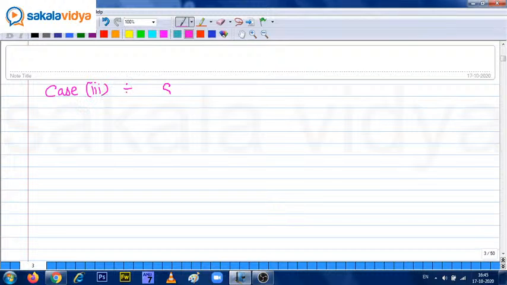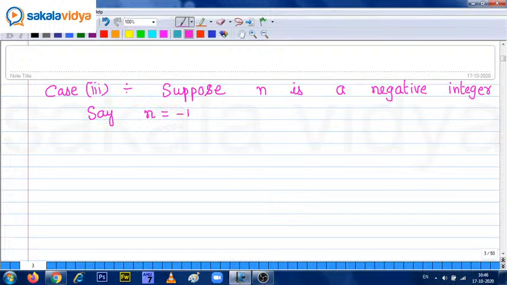Suppose n is a negative integer, so that means say n is equal to minus m, where m is a positive integer.